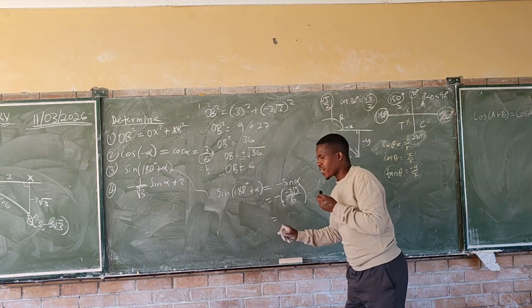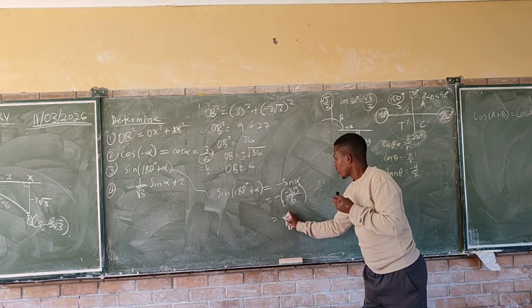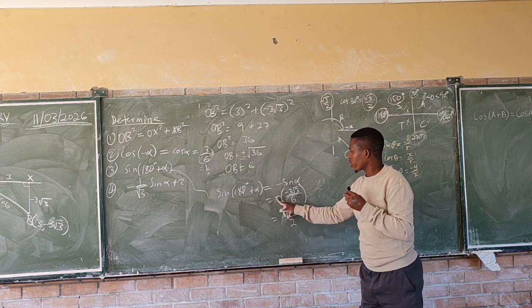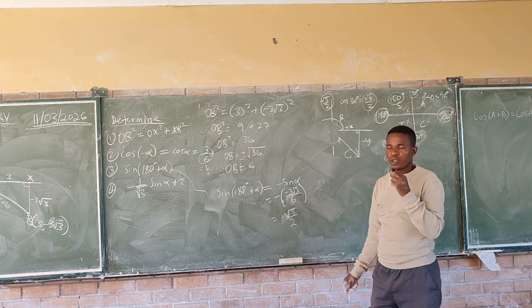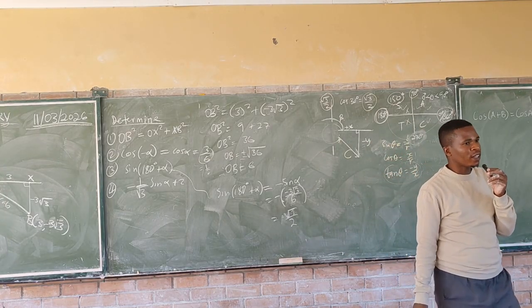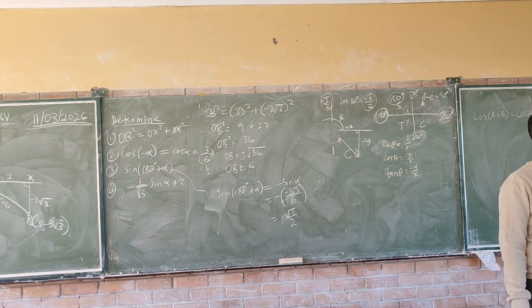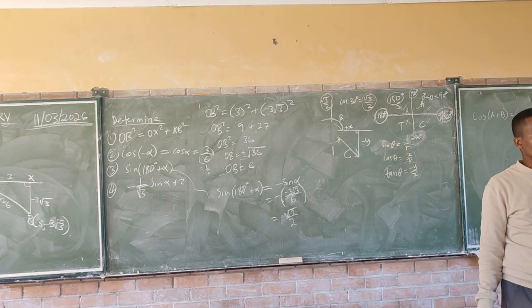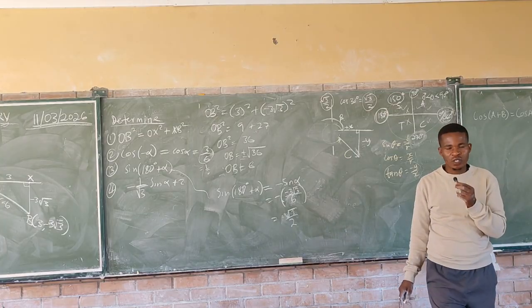So what is the simplified answer? Negative square root of, that will be positive, okay? Square root of 3 over 2, because negative by negative is positive. Now, after substitution, you can use your calculator, but they say with the aid of the diagram, without using a calculator. What does it mean? It means you must not write your answer in decimal form.